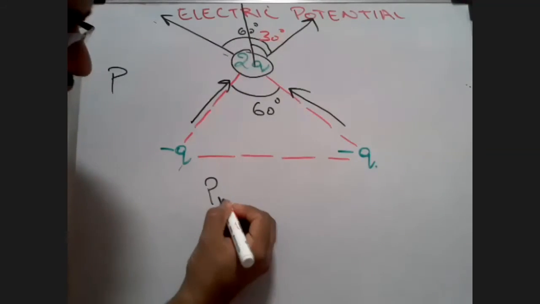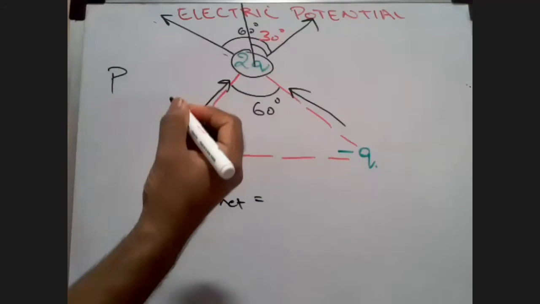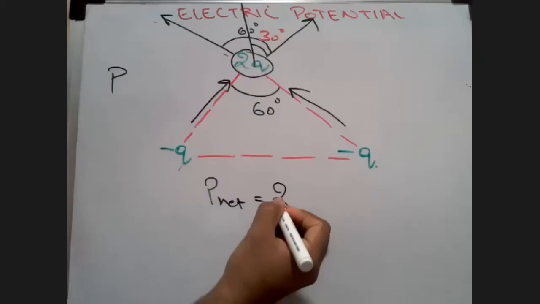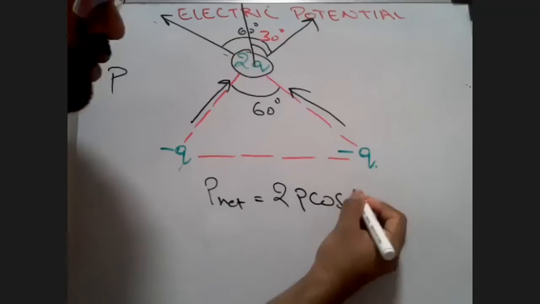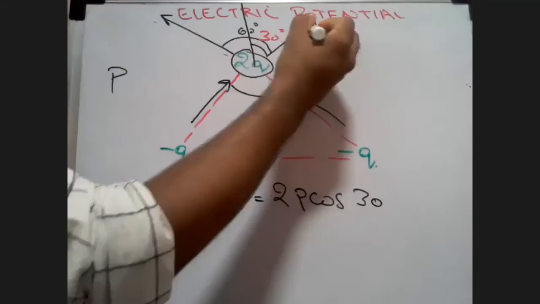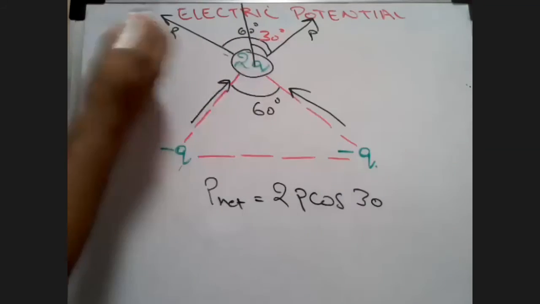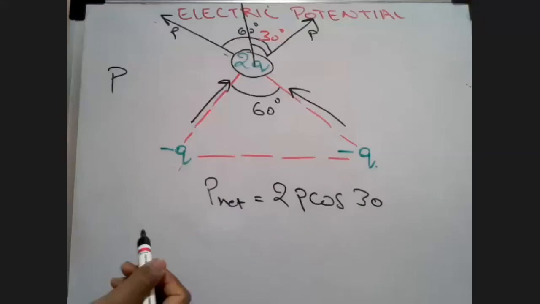So I can say that P net is basically what? Due to symmetry, it will be 2P cos 30. Because this is a P over here, this is a P over here. This dipole moment is because of this charge, and this dipole moment is because of this charge.